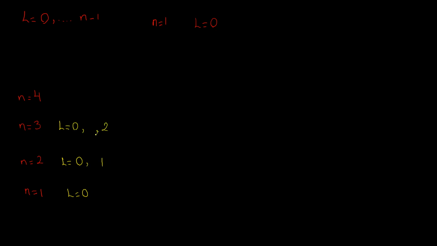So the number between these is 1. And for this one, we have 0, 1, 2, 3. What does it mean? It means for shell number 1, we have 1 type of orbital. Shell number 2, we have 2 types of orbital, and 3 and 4.